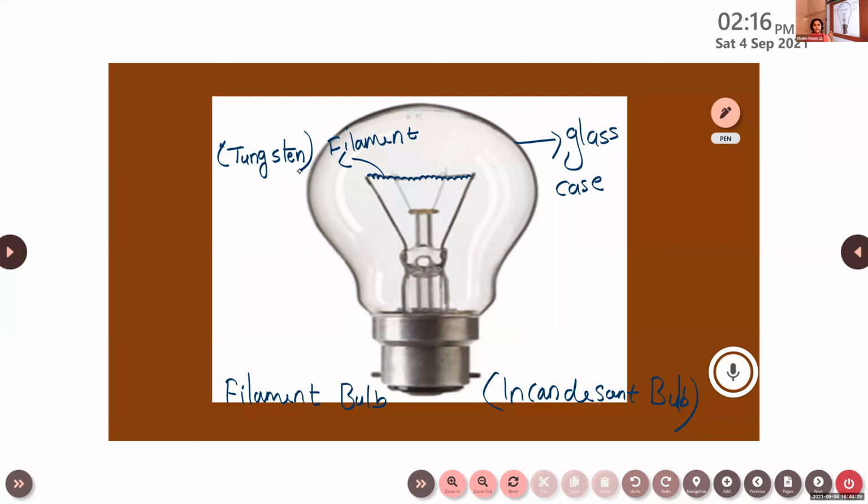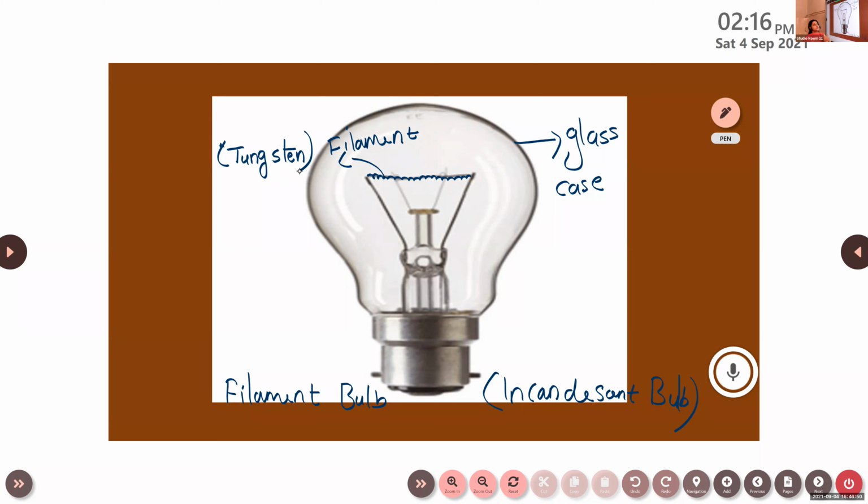So the incandescent bulb consists of an outer glass covering. Inside this glass case, you can see a filament, which is made with a strong metal called tungsten.